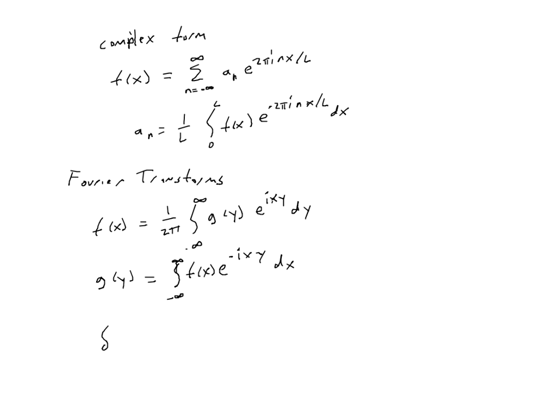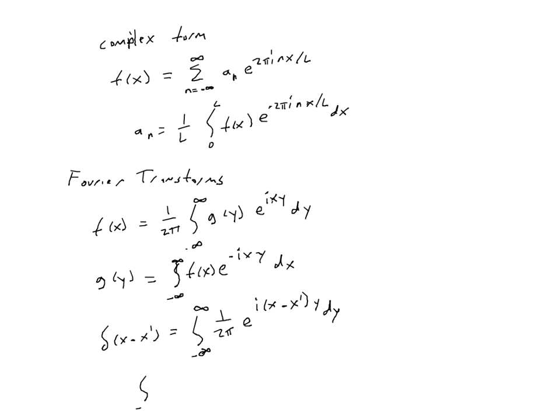And then also you have the delta function defined, delta of x minus x prime, where this is equal to the integral from minus infinity to infinity of 1 over 2 pi e to the i (x minus x prime) y dy.